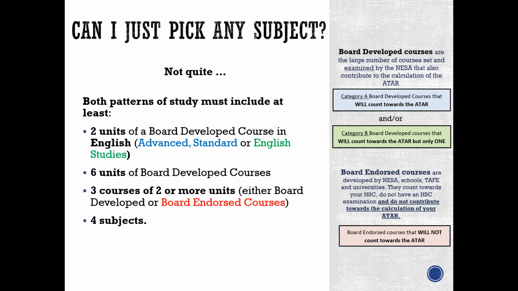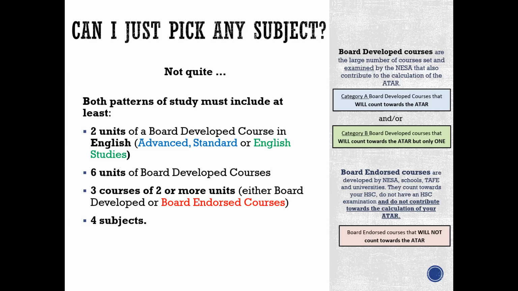These can either be Category A subjects, blue subjects, or Category B subjects, green subjects. The remaining 3 subjects can be made up of whichever course students desire based on their chosen pathway. A student's desired pathway can determine which type of subjects they choose, an ATAR pathway to go directly into university or a non-ATAR pathway.